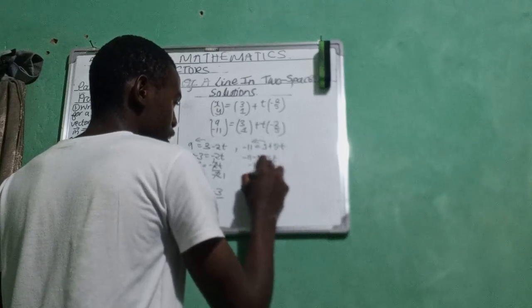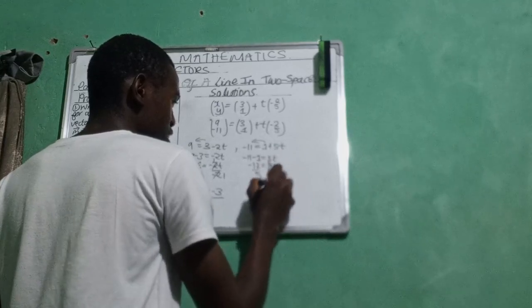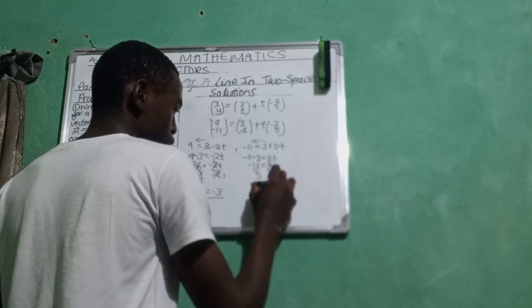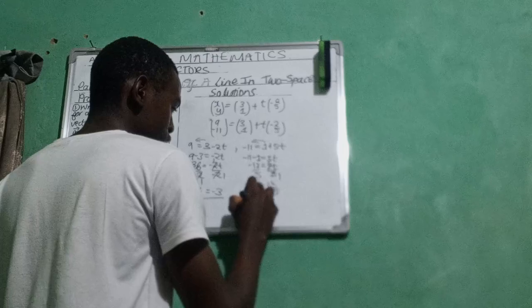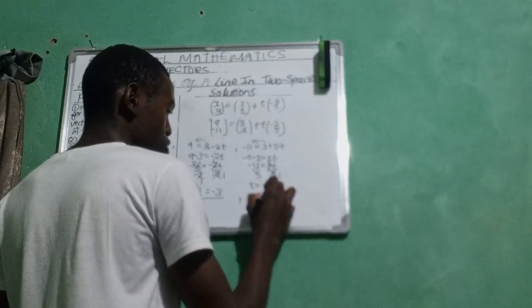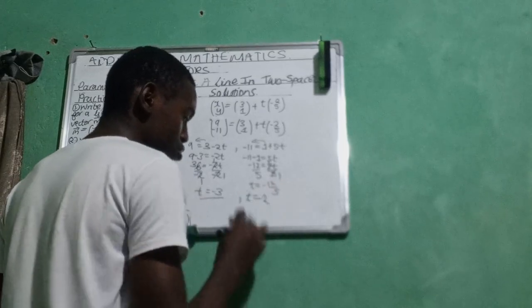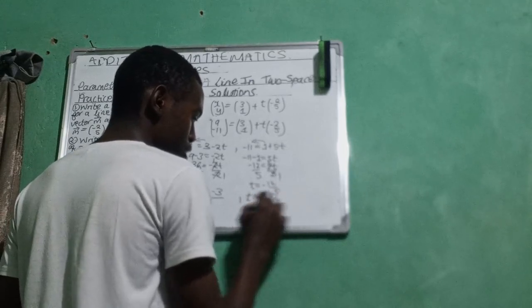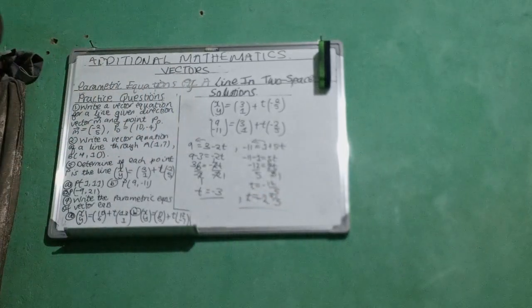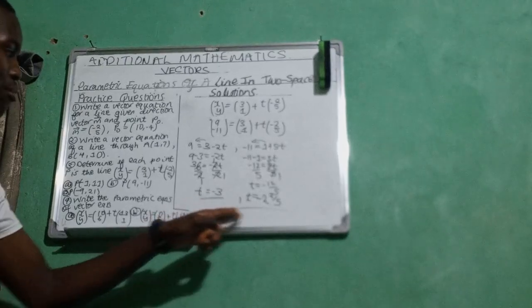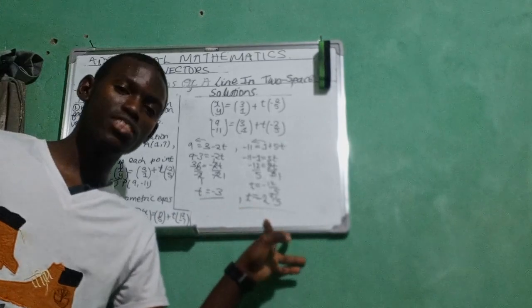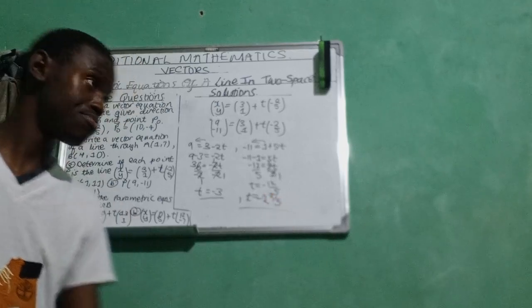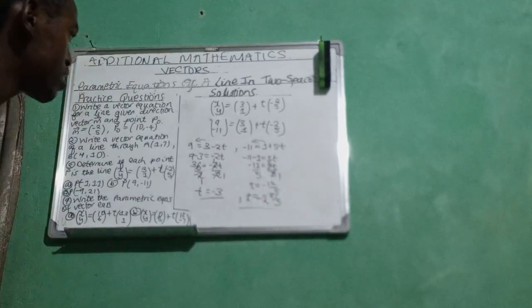Then divide by 5. t is equal to -12 over 5, which is -2 and 2/5. That's the final answer. So here we have -3, there we have -2 and 2/5.